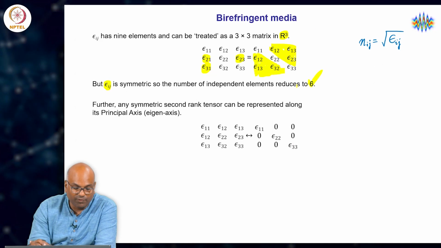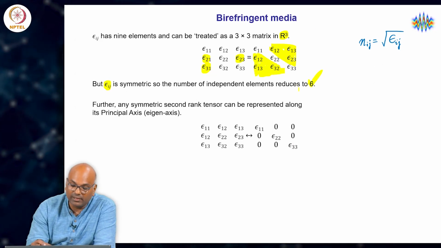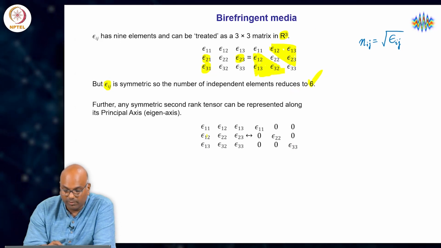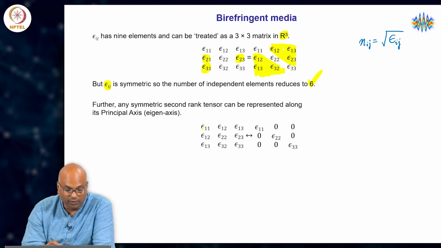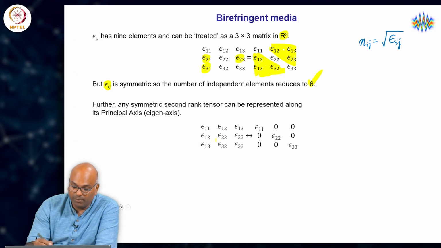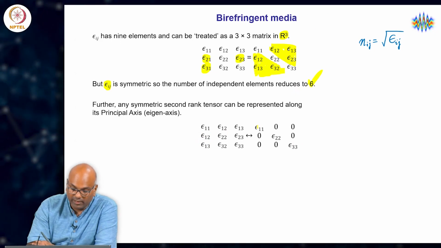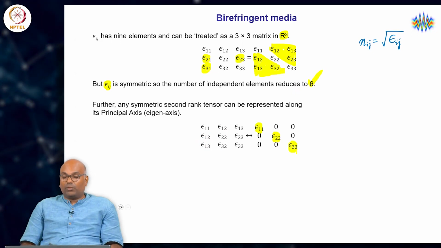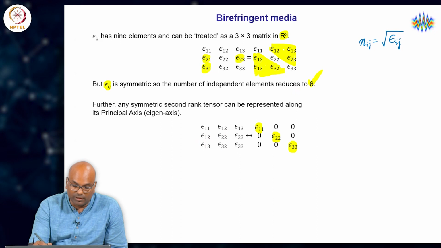Furthermore, any symmetric second rank tensor can be transformed from its non-particular form to the principal axis form, where, as I said, you can diagonalize it. So only the 3 eigenvalues remain on the diagonal of the matrix and the rest are all zeros.